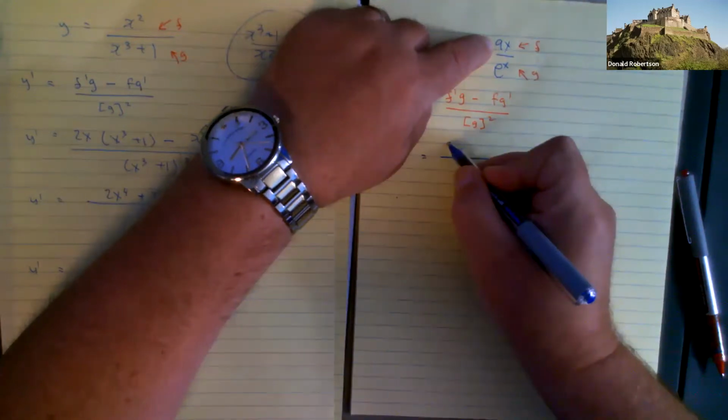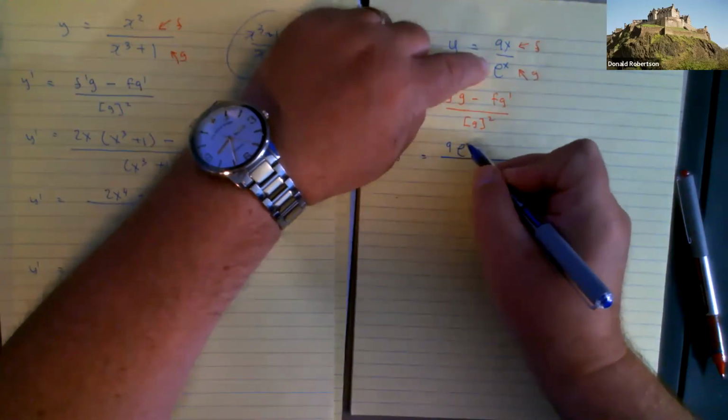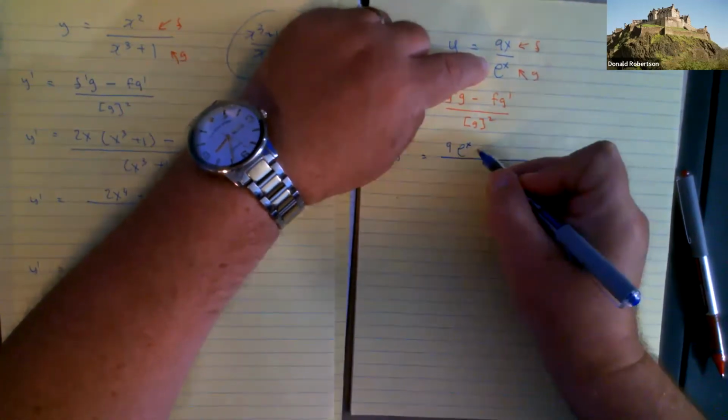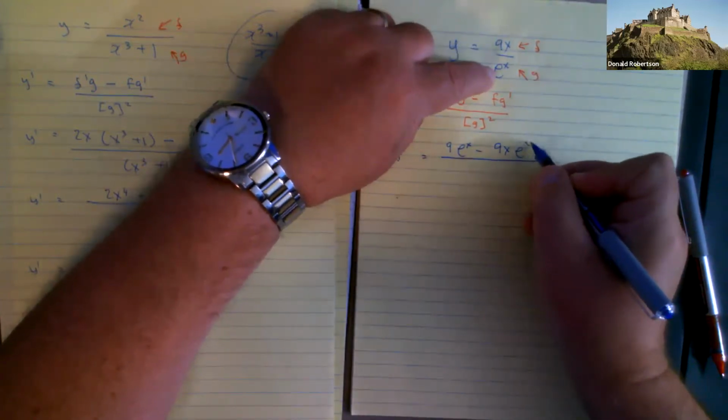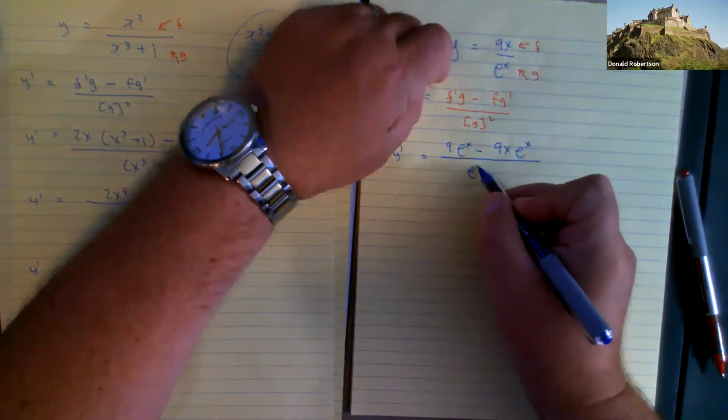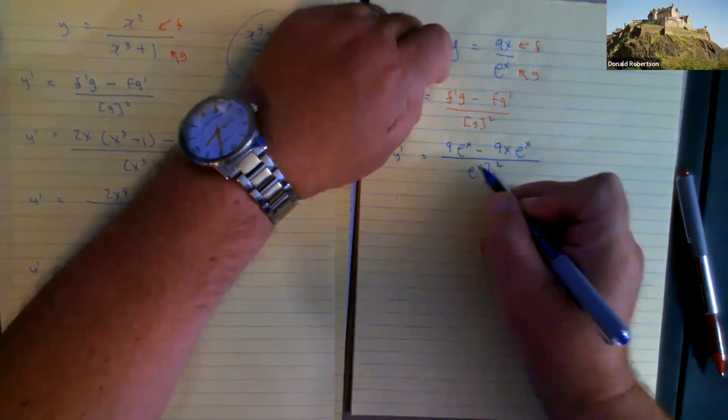Differentiate the top, you get 9, leave the bottom alone. Take away, leave the top alone, differentiate the bottom. All over e to the x squared.